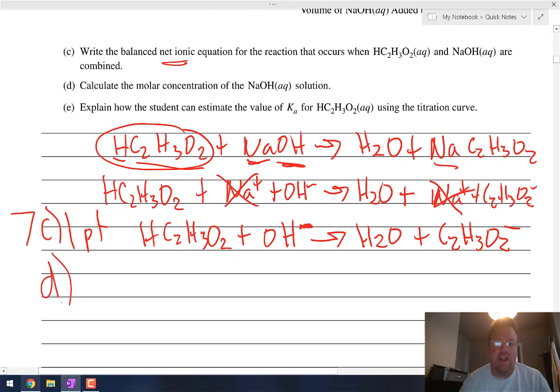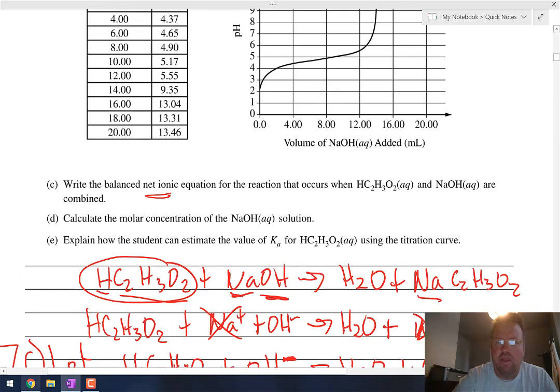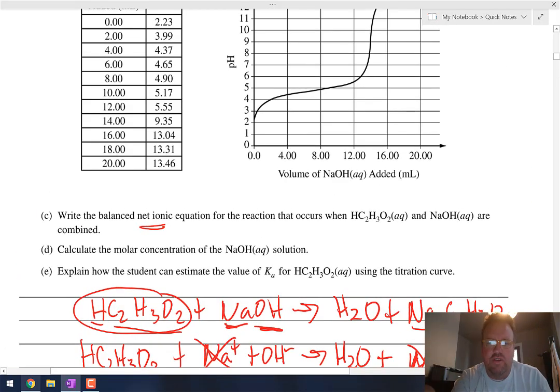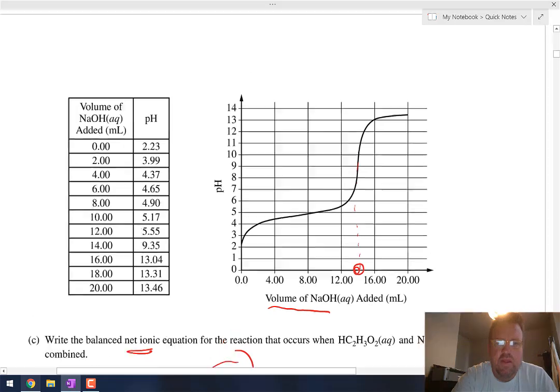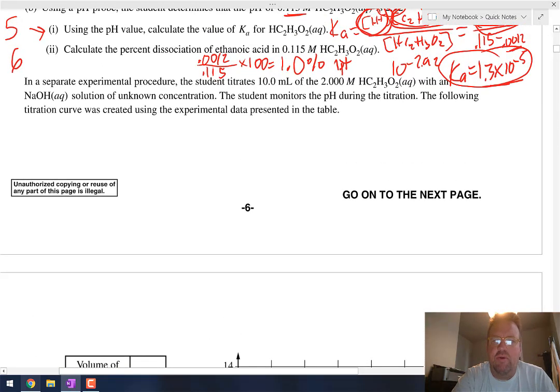Part D says calculate the molar concentration of sodium hydroxide solution. Okay, so first of all, there's a lot of things we can take a look at here. In order to determine the concentration of the NaOH solution, we know the volume of the NaOH that was added to reach the equivalence point was roughly, looks like right around 14 milliliters. Okay, but now we need to know how many moles of base did we need. Well, to figure that out, we have to figure out the moles of the acid.